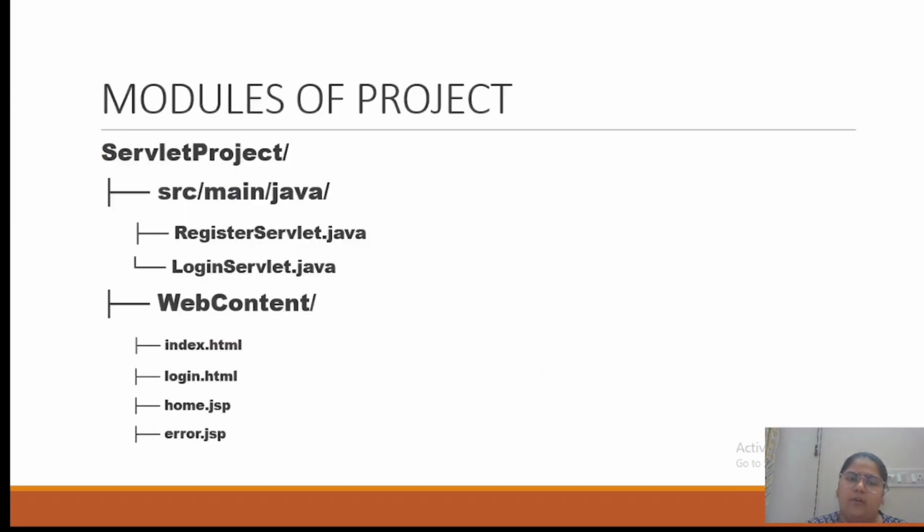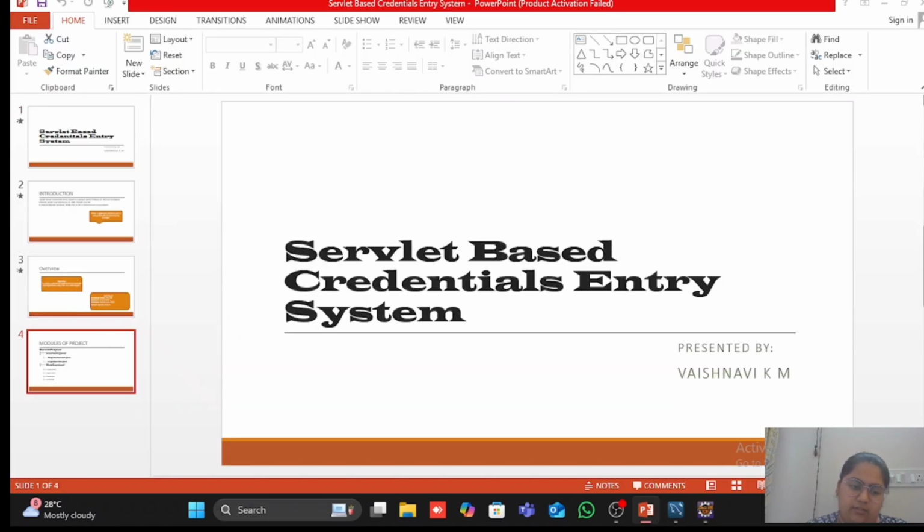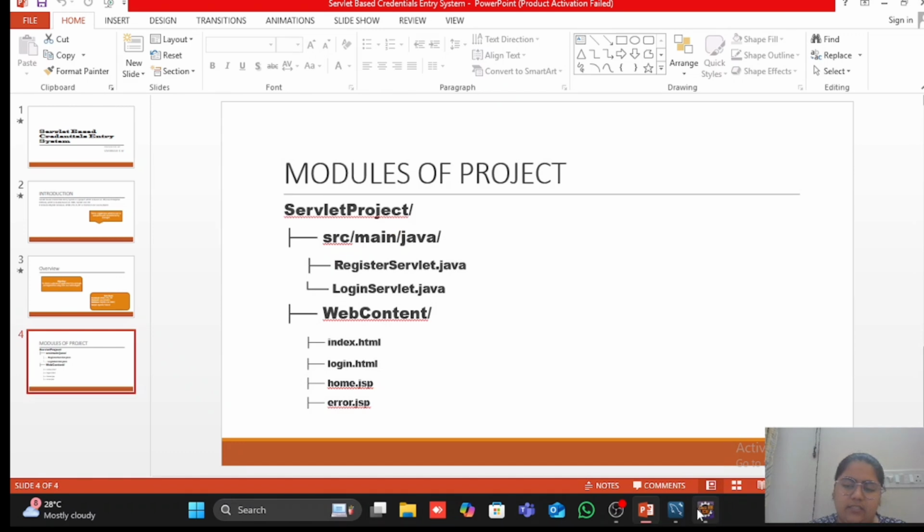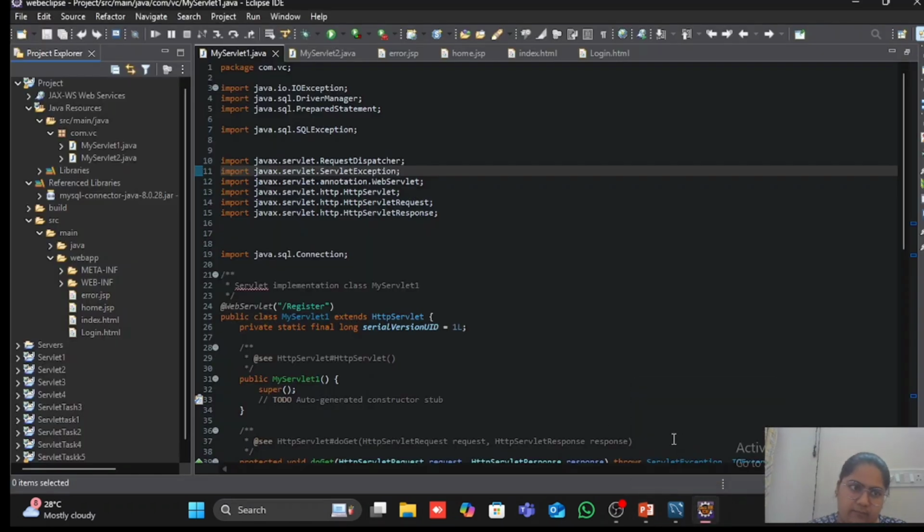So the main modules of our project: I have a registered servlet, login servlet, and in web content I have index.html, login.html, home.jsp and error.jsp. So let's see how our project runs.